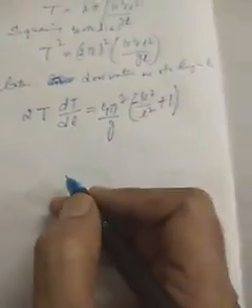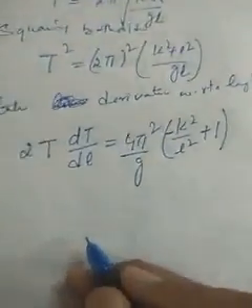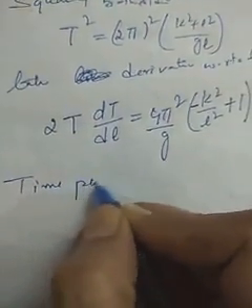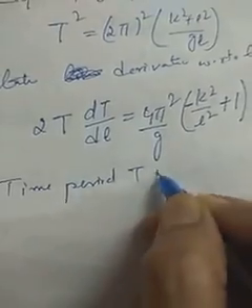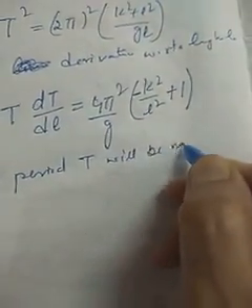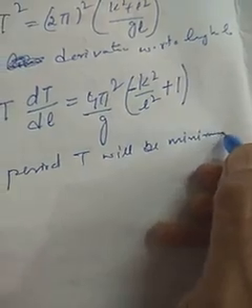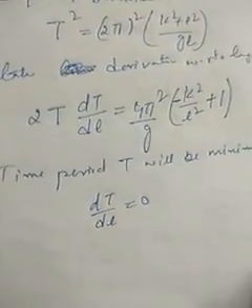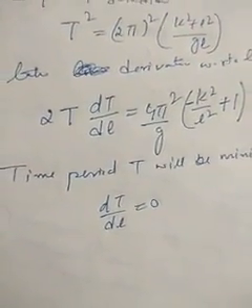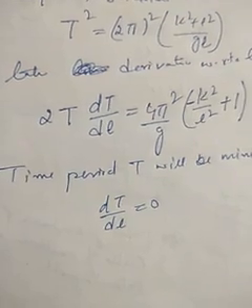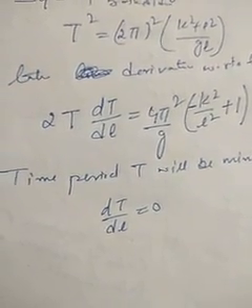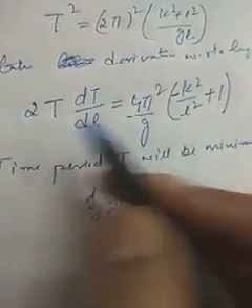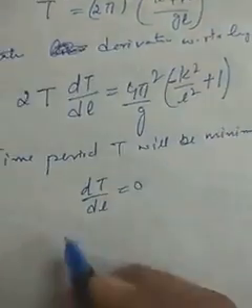Now this time period T will be minimum at some constant value, so dT by dl should be 0. Since T is not 0, this particular term should be equal to 0.